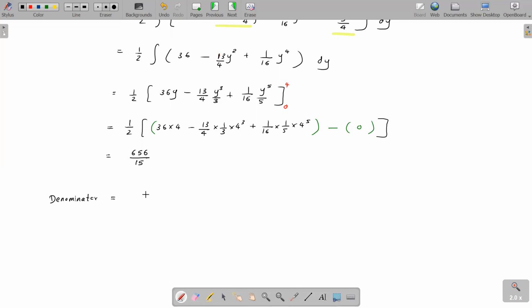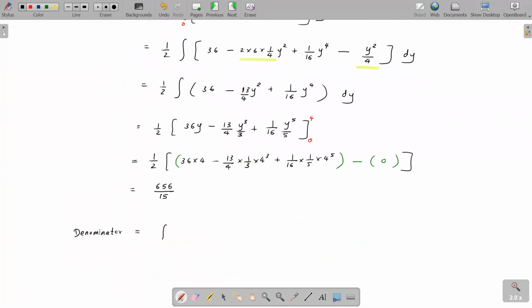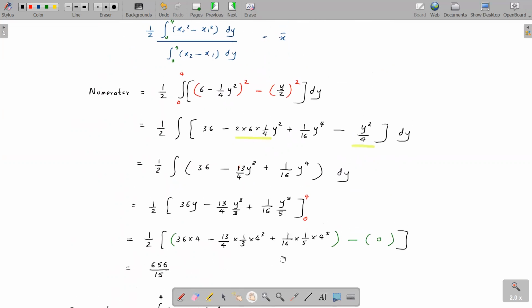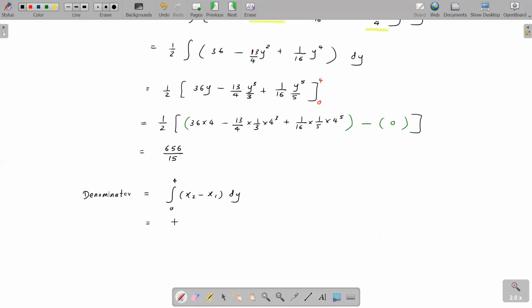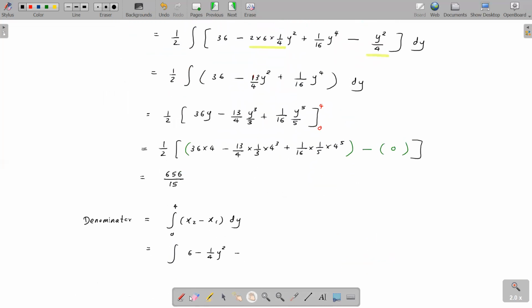The denominator will be integration of x2 minus x1 simply, right? With respect to y, limits are from 0 to 4. So x2 was 6 minus 1 over 4 y square. x2 minus x1. x1 is y over 2, right? Simply.